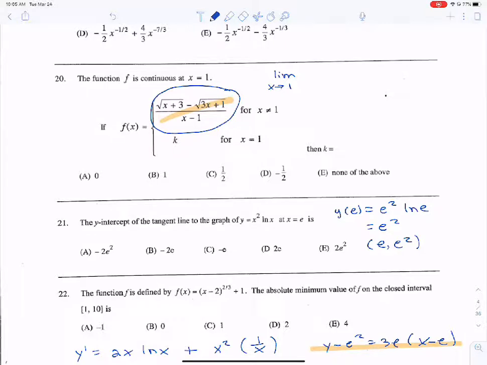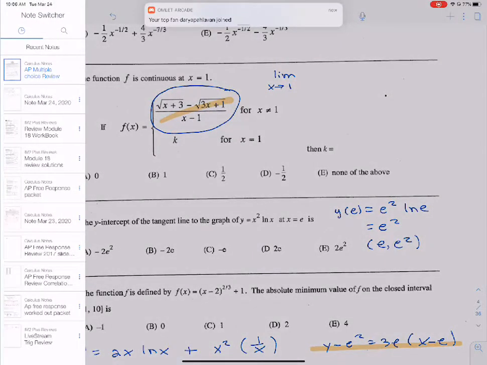So let me just get this down really quickly. Okay, so let me switch. Okay. So I'm going to be taking the limit as x approaches 1 of this function.